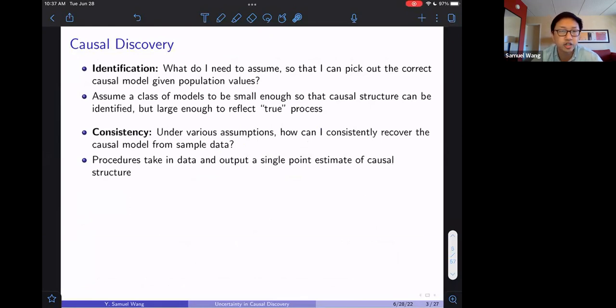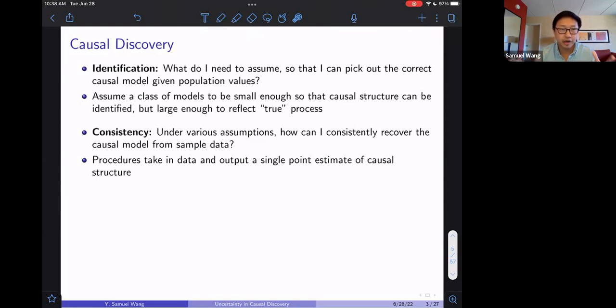So the question is, what do I need to assume such that I can pick out the correct causal model given population values? Or you can think of this as maybe having an infinite amount of data. Right? And so the way that this is done is people assume that the true data generating procedure lies within a class of models that's small enough so that causal structure can be identified, but large enough to reflect the true process.